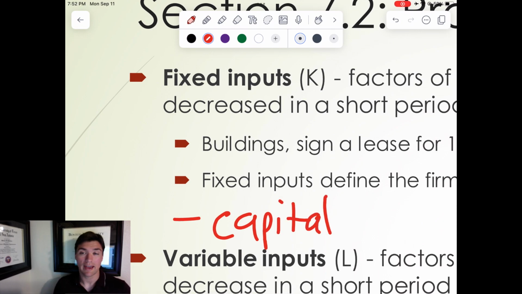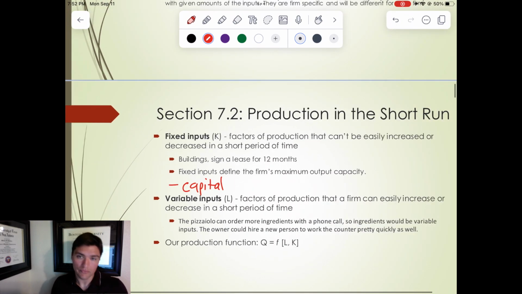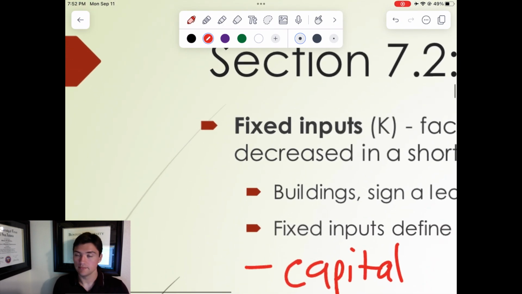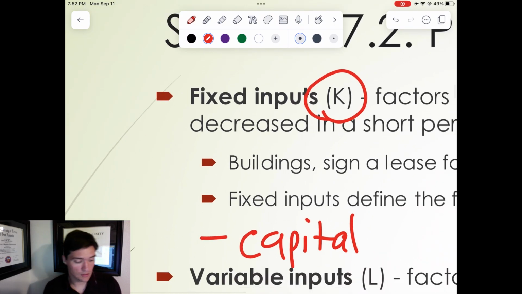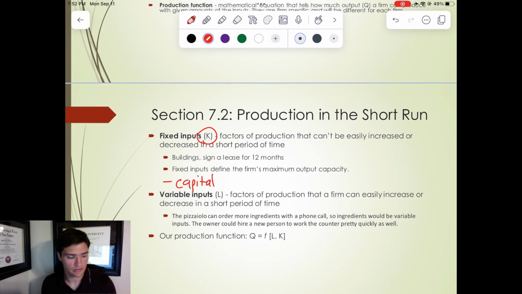You could add to it, but you're going to use it for a while before you decide to add on to it. So it's a fixed input: you have it as is right now, and it's going to stay that way for a bit. That's why we use K for fixed inputs, K for capital. If you did not know, K stands for capital in economics.